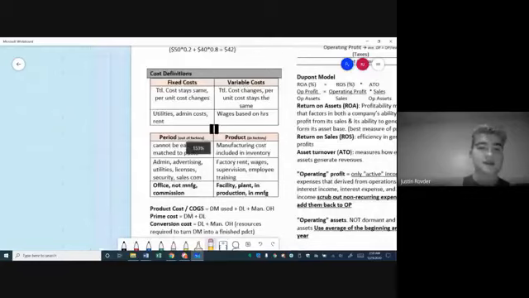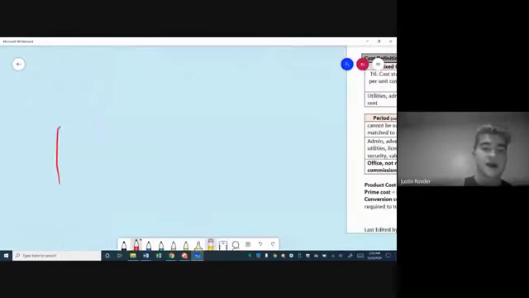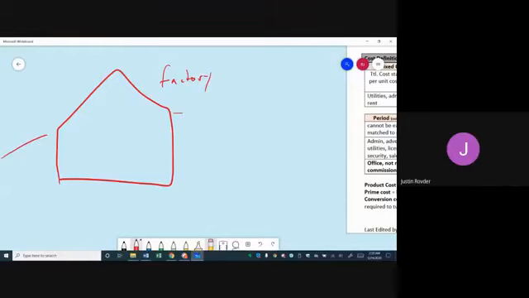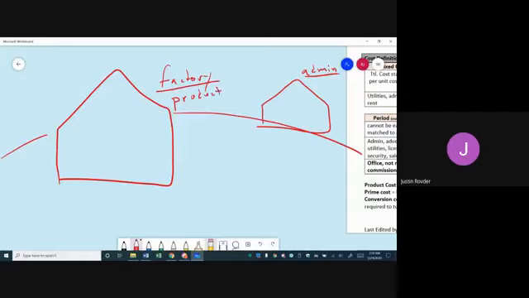So let's say you have a factory. So this is your factory. And across the United States, or any country really, you have an administrative office. Every cost inside of this factory is going to be considered a product cost, because every cost in that factory will be used to create whatever product is in the factory.